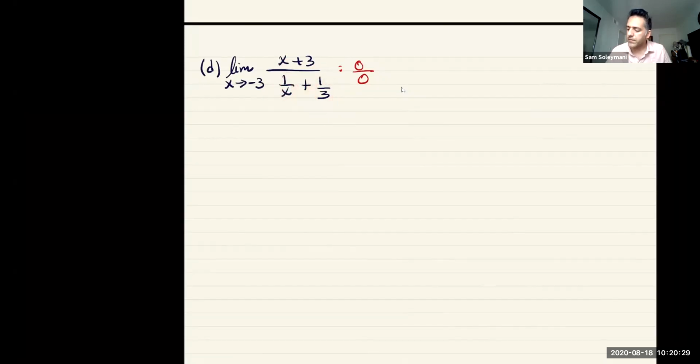So just multiply top and bottom by 3x, and you'll be able to reduce the expression before taking a limit. The 0 over 0 thing will cancel out. Okay, so that's how you do that. Let me see what comes next here.